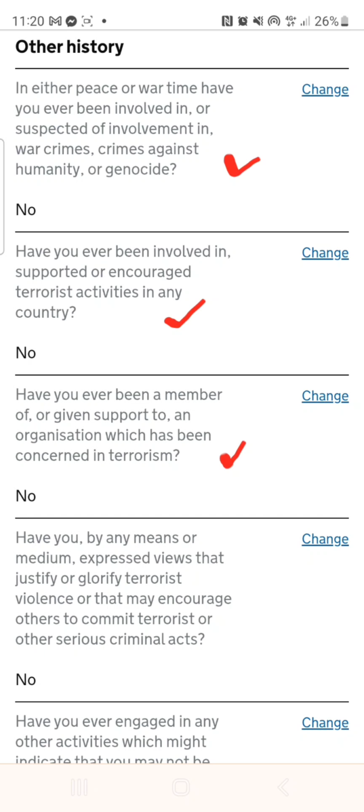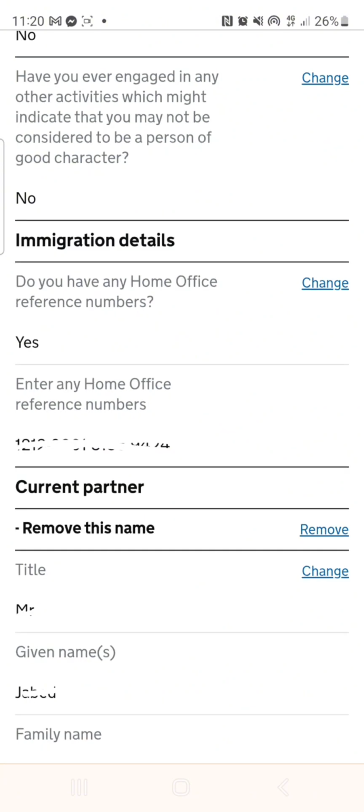No. Terrorist activity? No. Any terrorism? No. Criminal acts? No. Other activities: have you engaged in any other activities which affect your good character? No. And the immigration details.